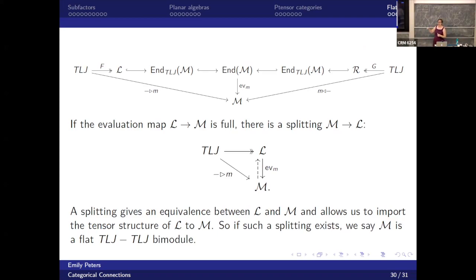We can go from M back up to L. And then if L and M are equivalent, then we can take the tensor structure of L, which as a subcategory of the endomorphism category has a tensor structure of its own, and import that to M. And so if this map is full, then we know that M is in fact a tensor category. And so this is what it means to be flat in the categorical framework.